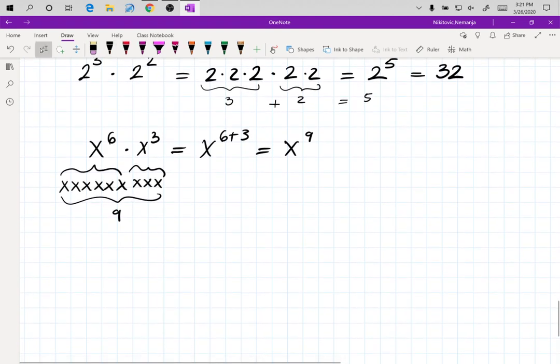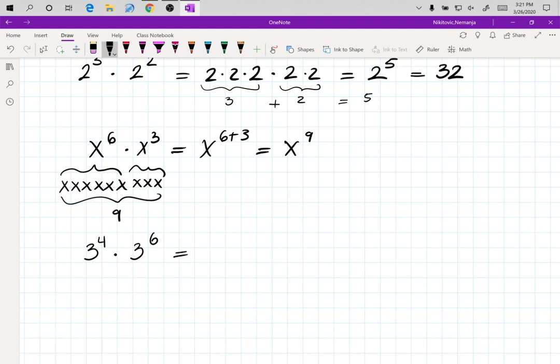So let's see a couple more of these examples. How much is 3 to the 4th times 3 to the 6th? Let's go in chat. You can type that in chat.